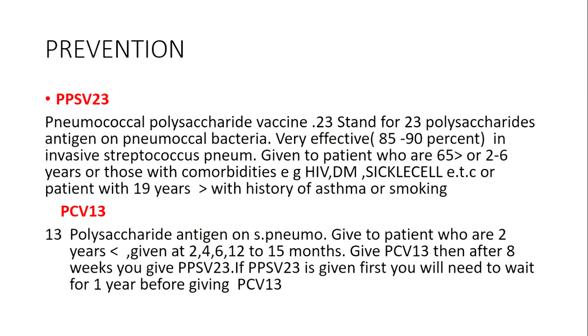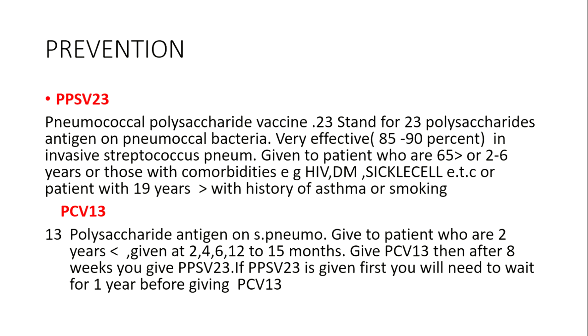It's very effective, 85 to 90% against invasive Streptococcus pneumoniae. So if the patient has invasive Streptococcus pneumoniae, you can give this, and it is very effective to prevent it.